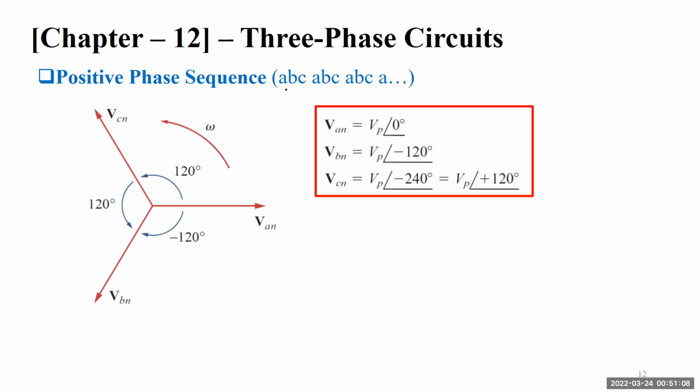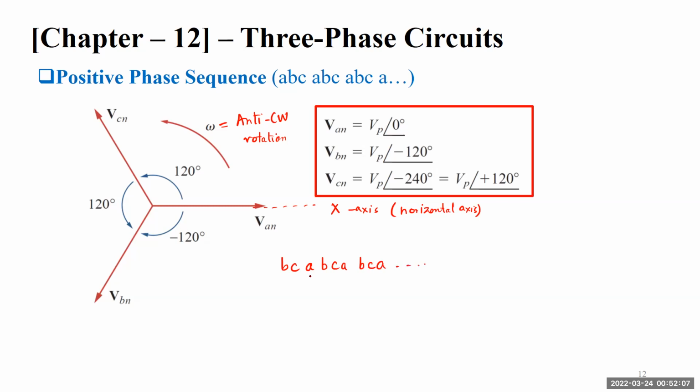Let's see them. A positive phase sequence is something like this. If we draw the phasors and start rotating them in a counterclockwise, or anti-clockwise, rotation, say this is the horizontal axis, and see which vector cuts this horizontal axis as we rotate anti-clockwise. If VAN is at 0, then first vector B will cut this, then vector C will come, then vector A again, then B, C, A, and so on.